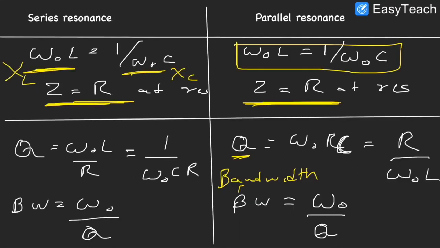So the bandwidth for this circuit would be, well, let's see what the expression for bandwidth for series resonance was.